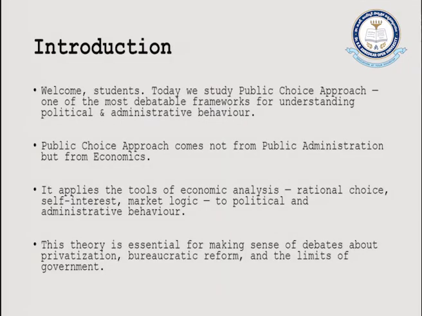Similarly, this approach is applied to understand administrative behavior. In administrative behavior, it is applied to the area of bureaucracy. How the bureaucrats respond to administrative situations is explained through public choice theory.